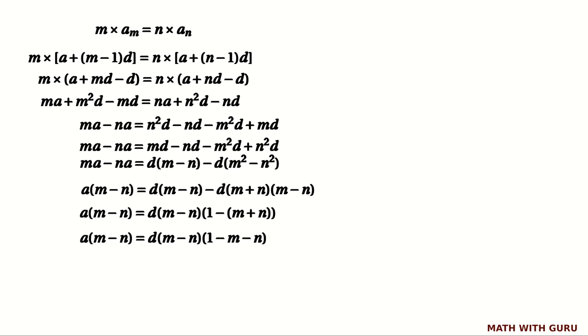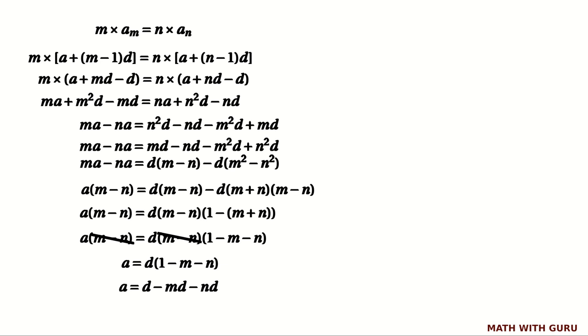A into m minus n equals d into m minus n into 1 minus m minus n. M minus n is a common factor on both the sides. They get cancelled. A equals d into 1 minus m minus n.